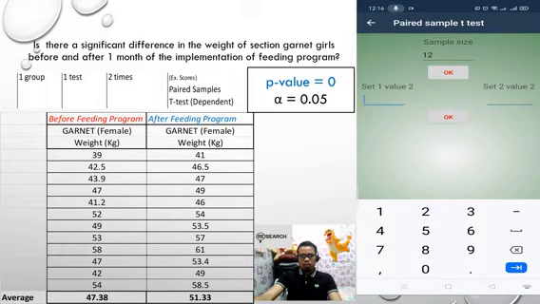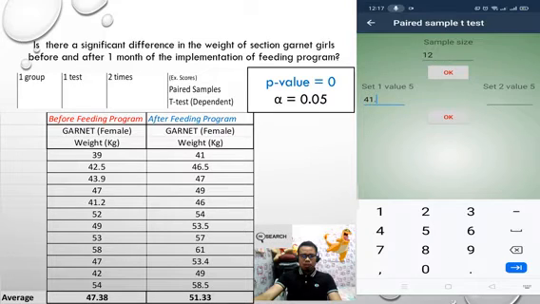Second respondent, we have 42.5. Then after, we have 46.5. The third respondent had 43.9 kilograms. And after eating much, she became 47 kilograms. Then we have 47. From 47 kilograms, turned to 49.